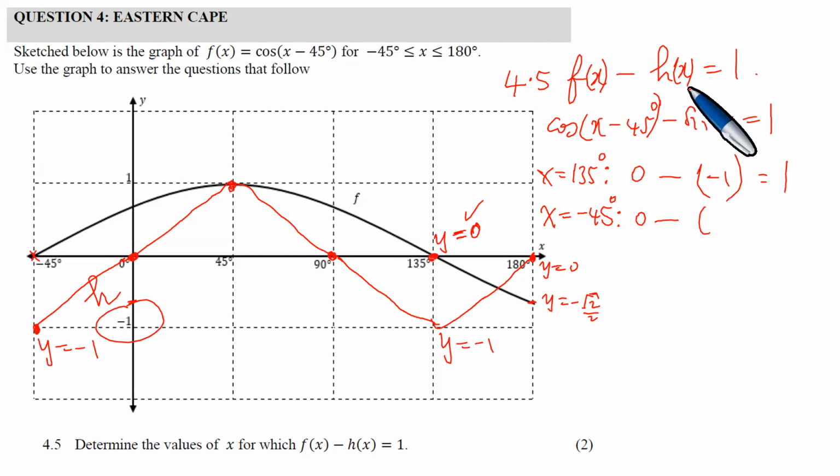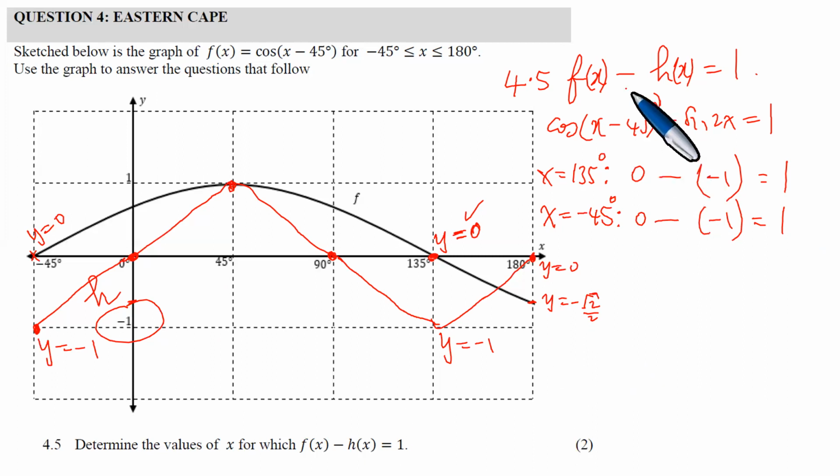So the sign is -1. But negative by negative is plus. y is 0 here and y is -1 there. So negative by negative is plus. So you get a 1.